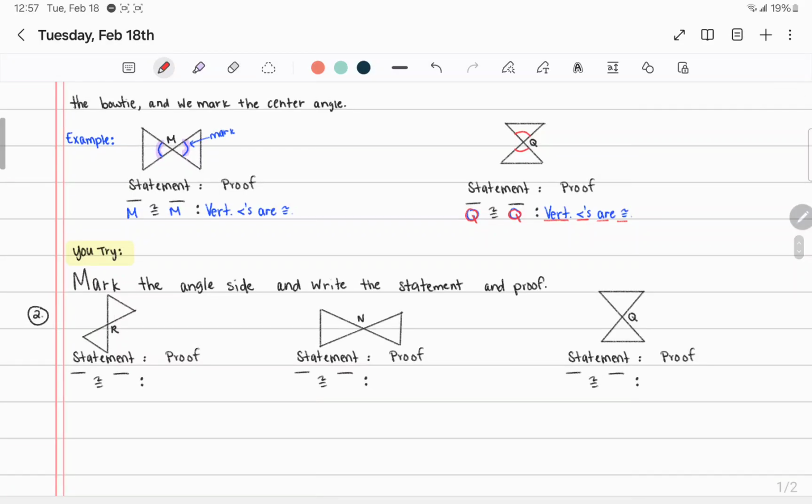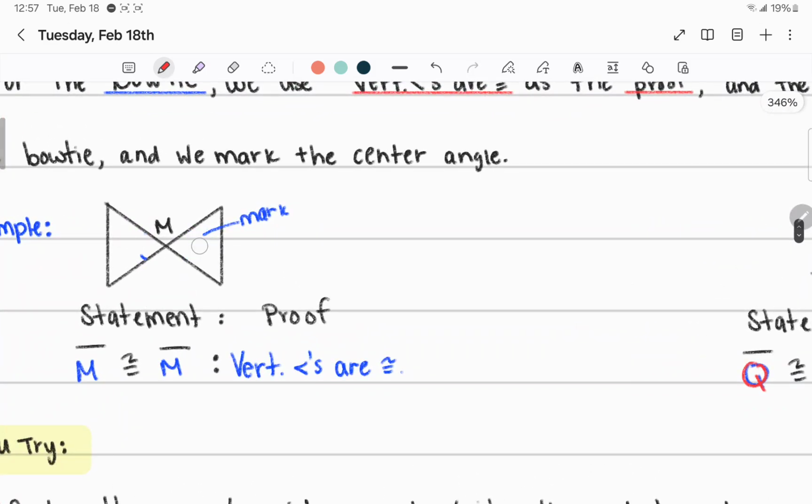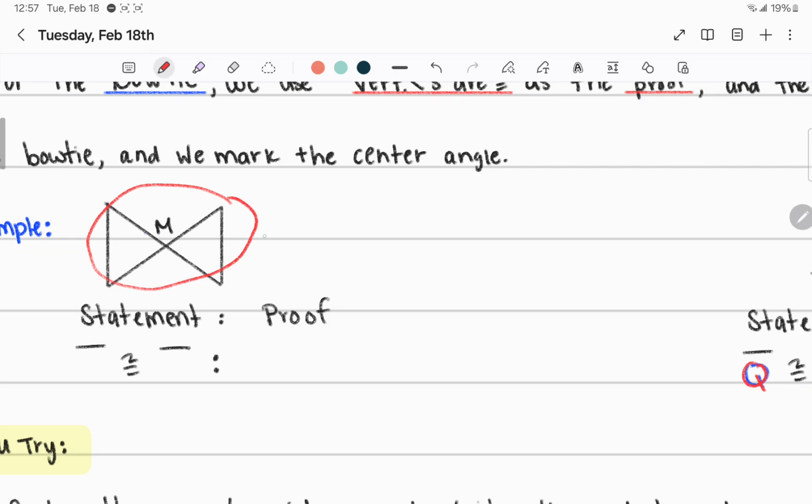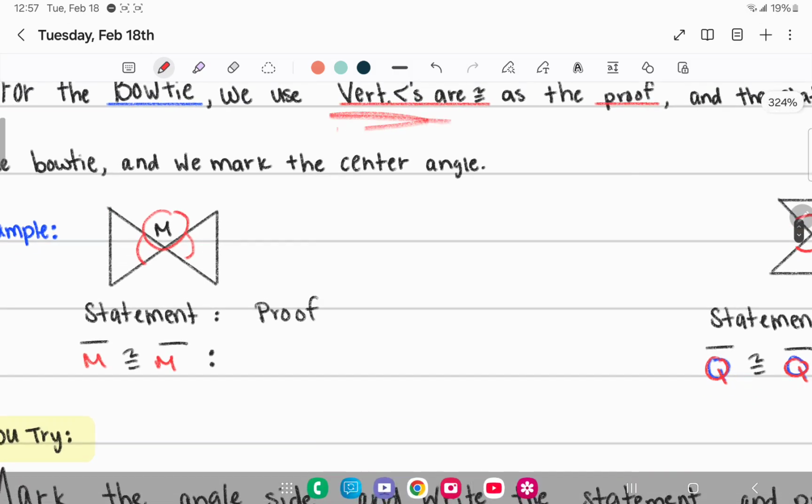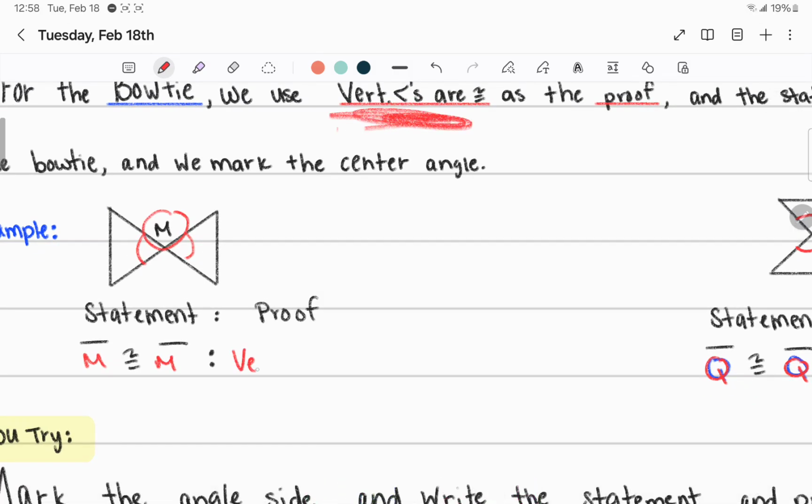Again, you mark the angle in the middle. I'm gonna do this one more time. It looks like this. It's blank. All of it's blank. You're gonna see the bow tie, right? That's my bow tie. You're gonna mark it. Whatever letter is there, you write it, and then you write vert angles are congruent.